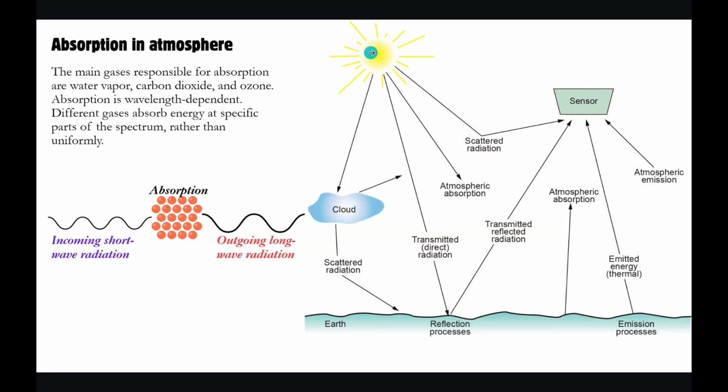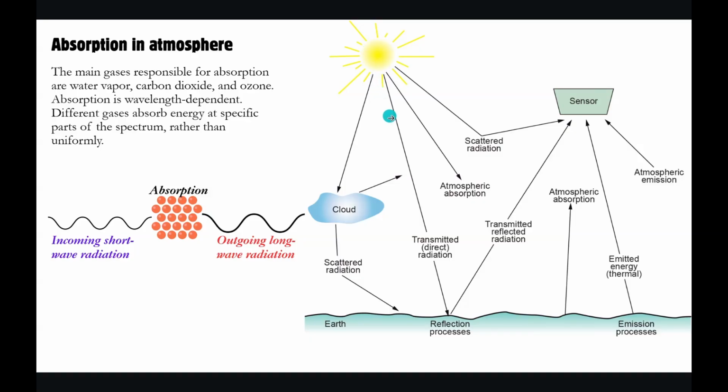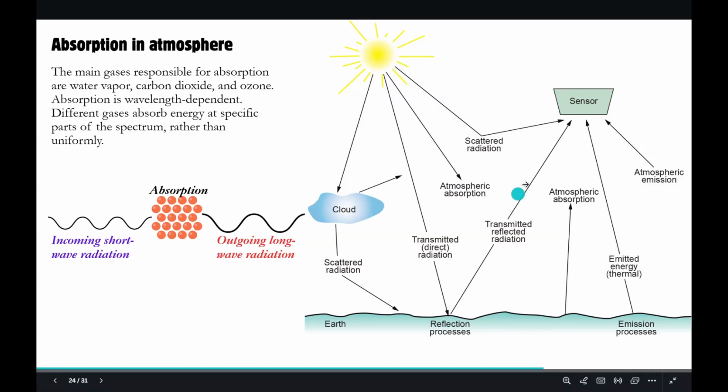Then you have one direct radiation that transmits directly without interacting with anything else in between. It comes towards the planet's surface and then goes back also completely unhindered. You see this particular arrow directly comes towards the surface, and from there it gets reflected back towards the sensor. This is the radiation which lies within the atmospheric window.